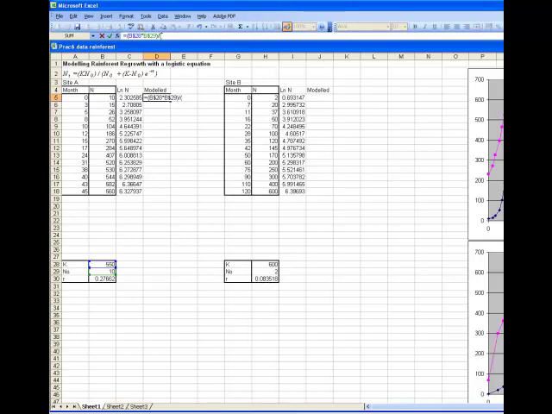So again, open a bracket, n0 again, $29, plus k minus n0, okay, minus n0 times e to the rt.